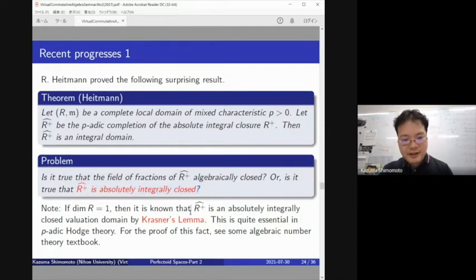The reason I ask this question is because when the dimension is 1, this is quite a classical result. It is known that R plus hat is an absolutely integrally closed valuation domain by Krasner's lemma, and this is quite an essential result in p-adic Hodge theory. But we don't know what happens in higher dimension, and I don't think Heitmann ever discusses this question in his paper.